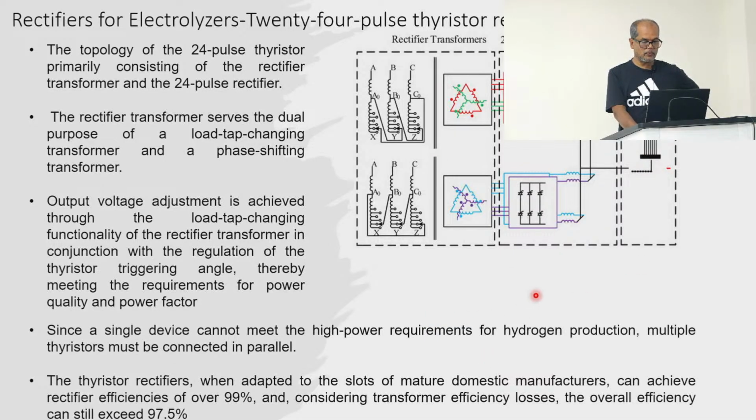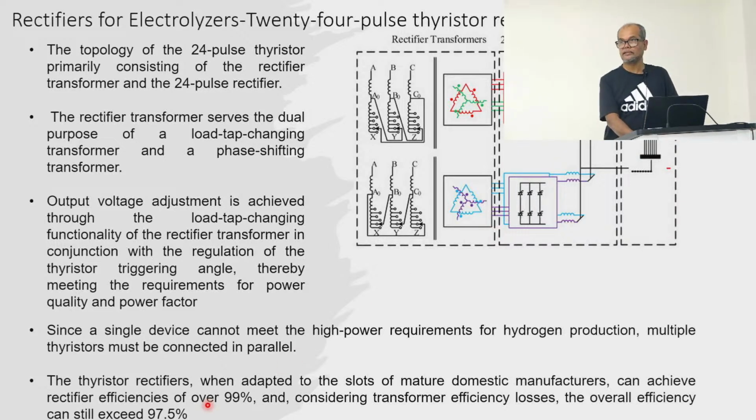Now if you compare the overall efficiency, the thyristor rectifier alone has efficiency of almost more than 99%. But if you consider the losses in the transformer, which is also highly efficient, the overall efficiency would be around 97%.